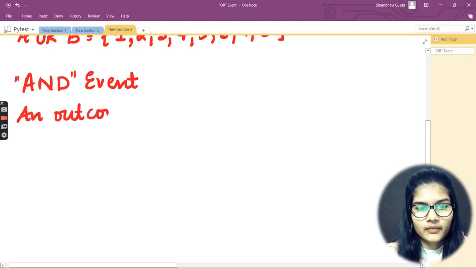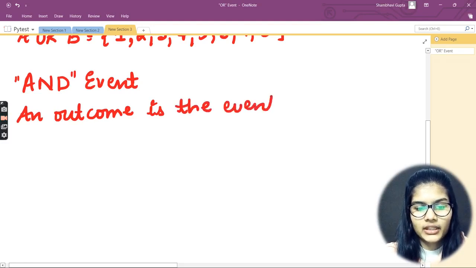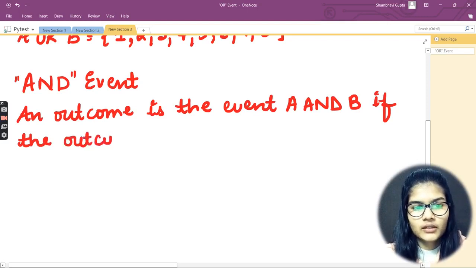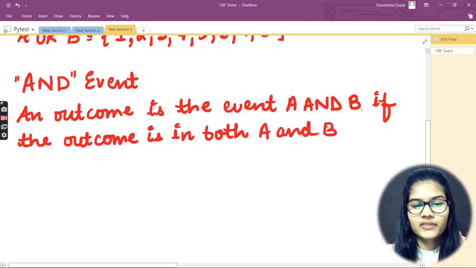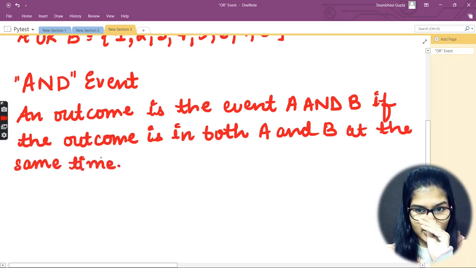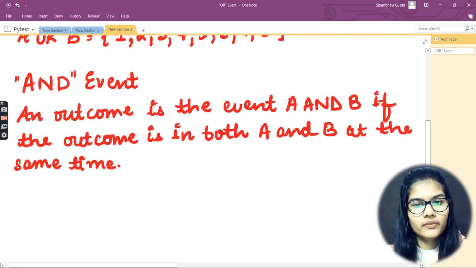Here an outcome is the event A and B if the outcome is in both A and B at the same time. Now, what example can we have for that?